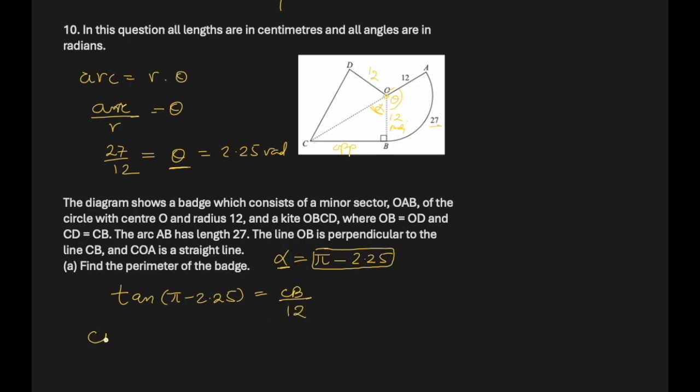So CB, which is also equal to CD, is equal to 12 times tan of (pi minus 2.25). Just put this in a calculator and we'll get it.